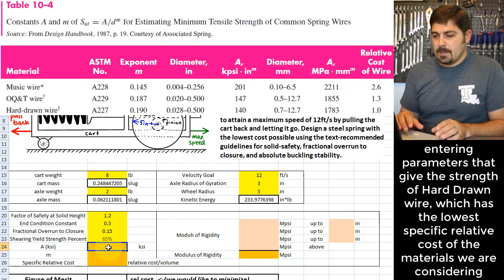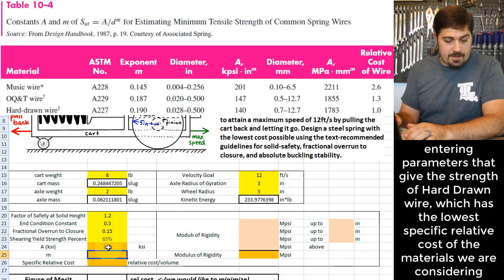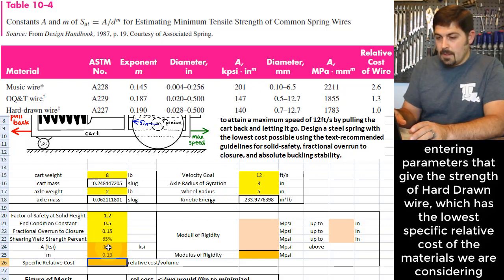The cheapest of those materials is a hard drawn wire, and it gives an A factor there of 140 KSI, an M factor of 0.19, and a specific relative cost of 1.